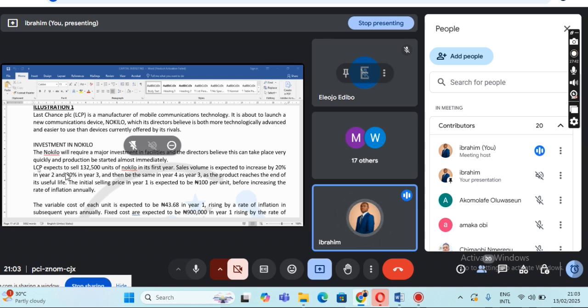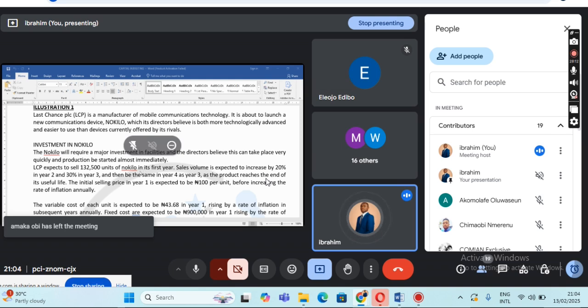LCP expects to sell 132,500 units of Nucleo in the first year. Don't forget that they want to embark on a capital investment project. That is why, if you are a financial analyst or an investment analyst, when your company wants to embark on a project, you speak with your project directors, your project managers, and all that.